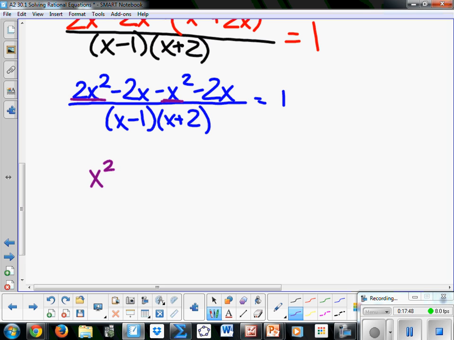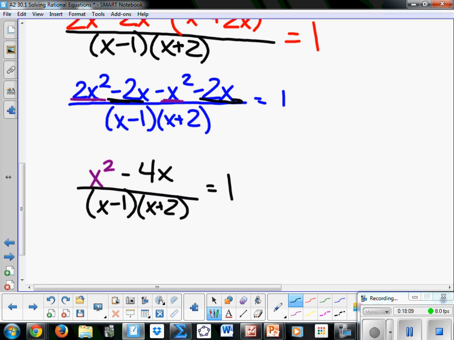And then when I combine these other like terms, be careful because this is a negative 2x, and we're subtracting another 2x. So negative 2x plus negative 2x, or negative 2x minus 2x, however you look at it, that ends up as negative 4x. This is, again, all over x minus 1, x plus 2. Whew. We really will eventually get to canceling the denominators. Okay, so now we are there.